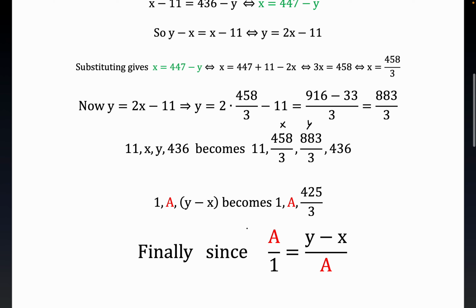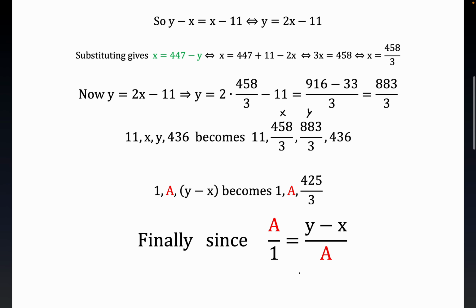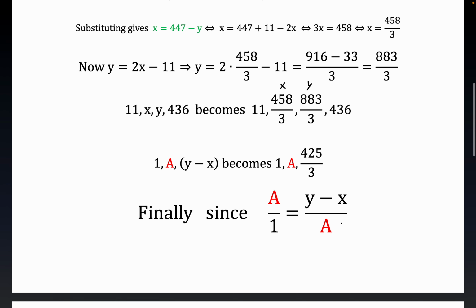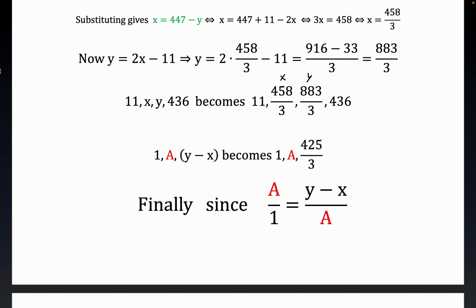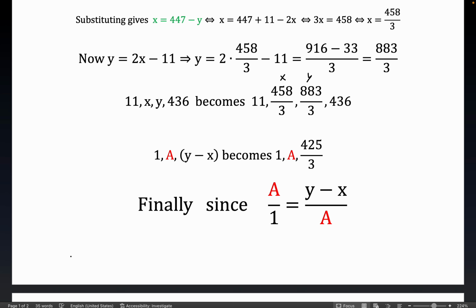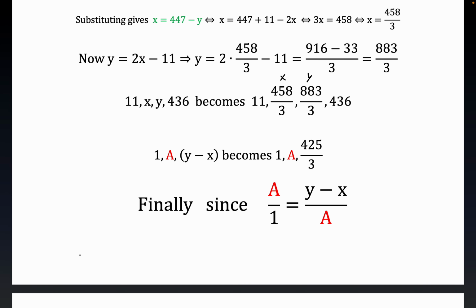So again, this is something we've already written down, but we know what y minus x is right now. When you cross multiply these fractions, you end up with a squared is equal to y minus x. But we know that y minus x is 425 over 3.